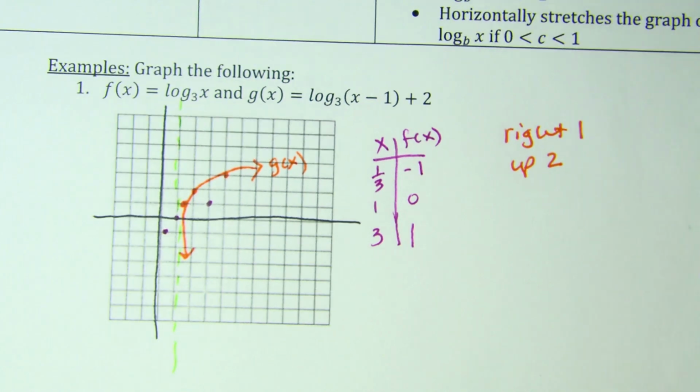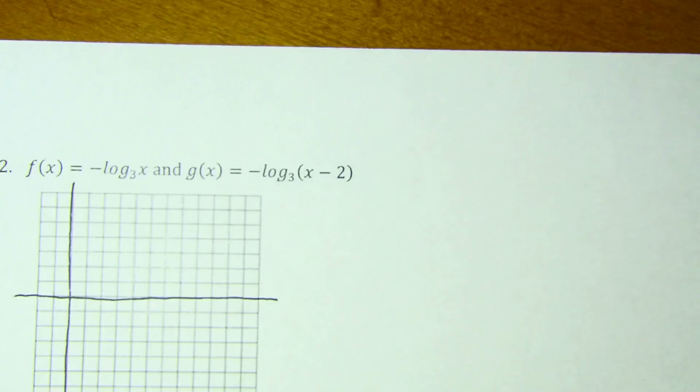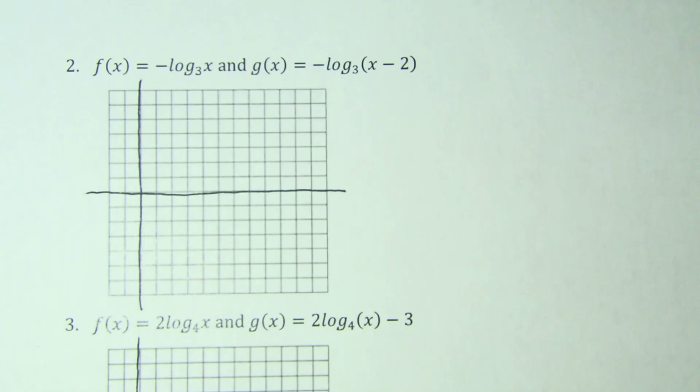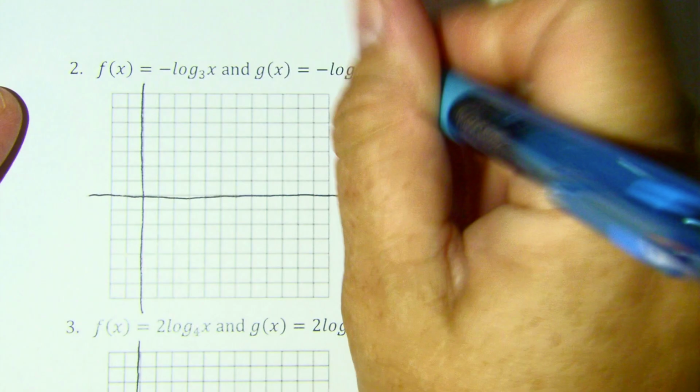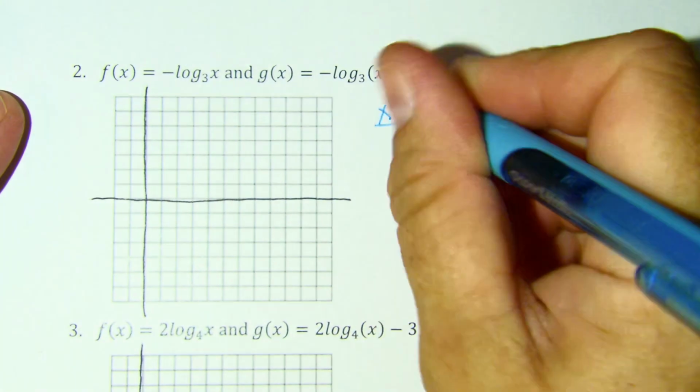All right. And for a couple more examples here, we have negative log base 3 of x. So same graph that we just did, but the negative version of it, and how that changes the values I get.